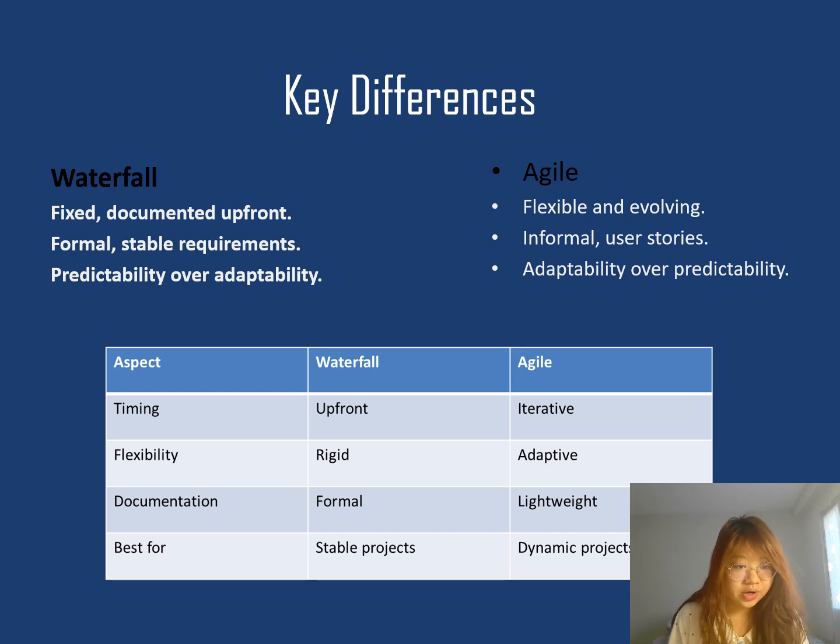In Agile, requirements are flexible, informal, and continuously updated. The main advantage is adaptability, but the weakness is that long-term predictability can be harder to achieve. As you can see on the slide, Waterfall emphasizes stability while Agile emphasizes adaptability.